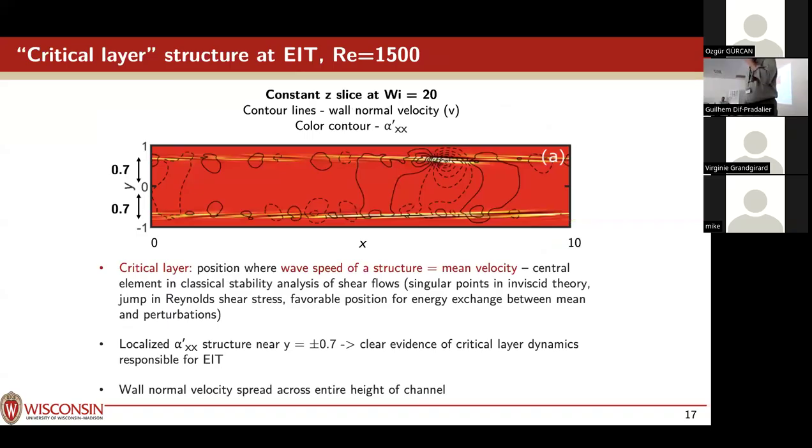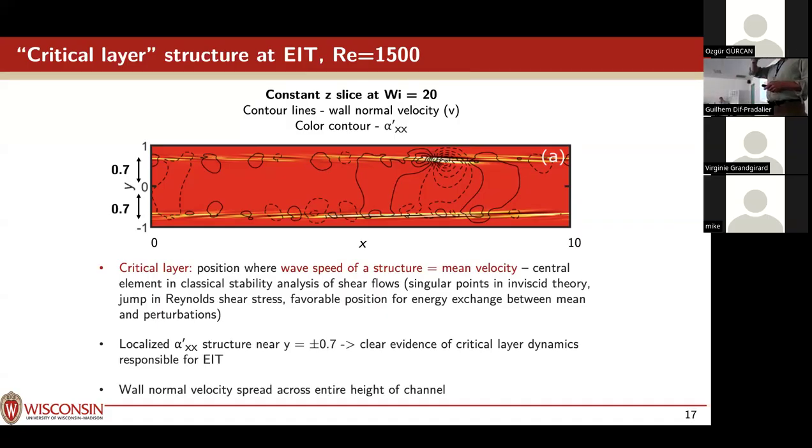We started looking at the structures, and one thing that popped out very clearly right away is the polymer stretching, the colors here. The polymer stretching fluctuations are very localized in regions near the top and bottom walls. That's the first hint of connections to linear instabilities in this parameter regime, which I'll talk about in a second.